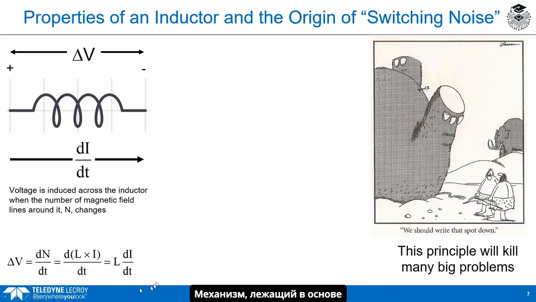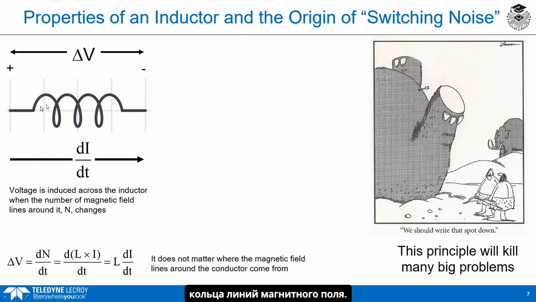The underlying mechanism of why this is the case in a circuit model is this fundamental principle that the voltage is induced when the number of rings of field lines changes. And it doesn't matter where those rings of magnetic field lines come from. They can come from its own currents, in which case we call them the self-field lines, or the self-inductance.